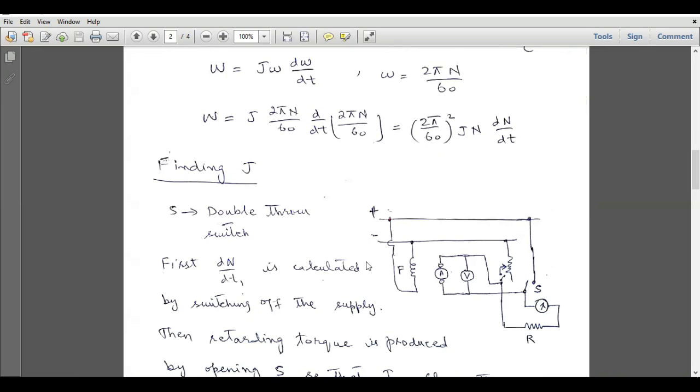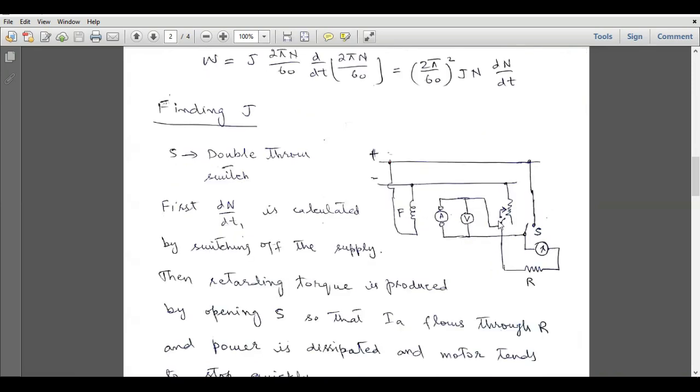In the second step, we have to build such a system. In this system, the field coil will be constantly connected with the DC supply, and this is the armature winding, which will also be connected with this DC supply. We have to use a double throw switch over here.